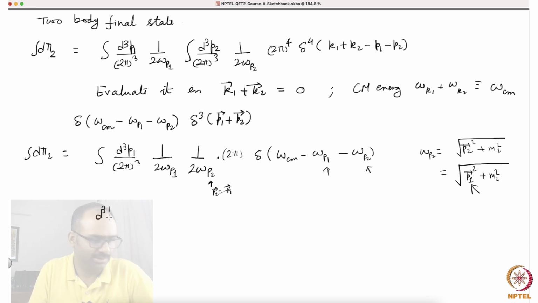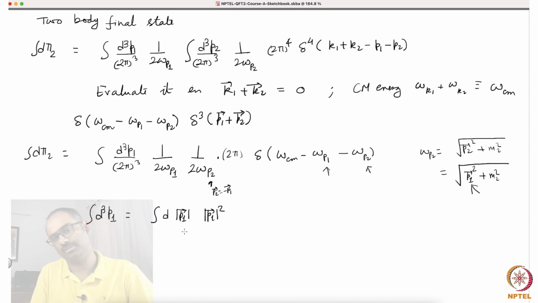So d cube p1 I will write as dp1, that's the magnitude of p1, then magnitude of p1 square, and then you have also the solid angle.